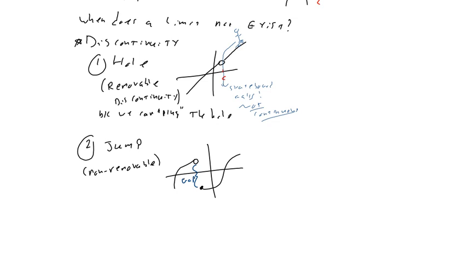Our skateboarder falls off the hole, right? Here's our skateboarder. Woo! Flies away, or falls down, right? Not continuous.